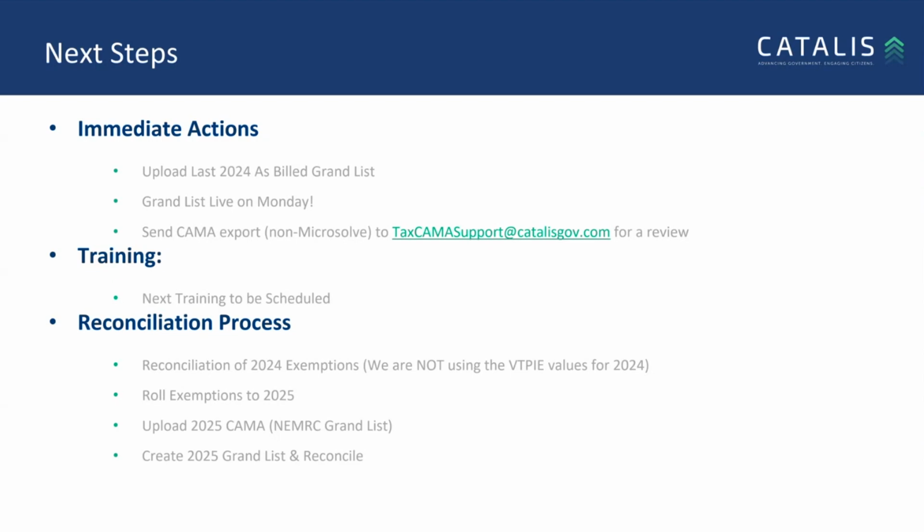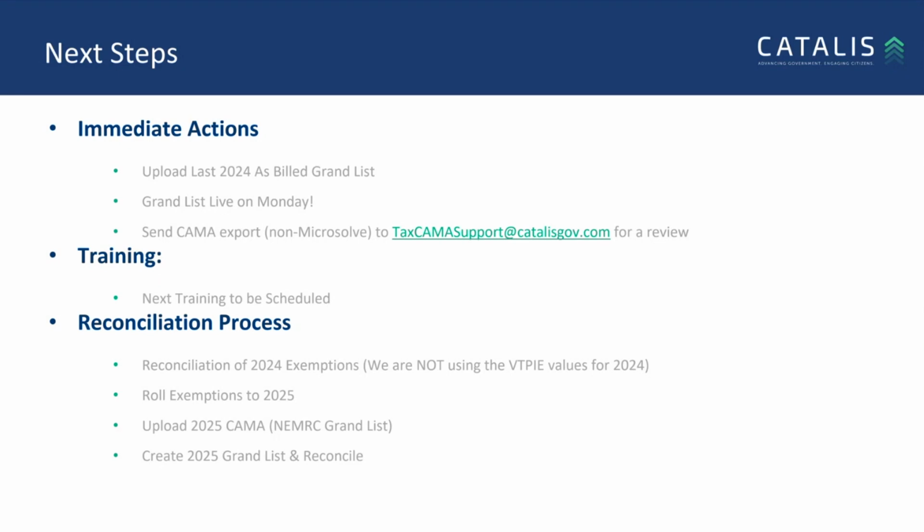Let's see. Can you demonstrate again how you get to the 411 because they're not seeing it in their VTPIE? I would just make note that this morning when I logged into VTPIE, it automatically bumped me to the year 2025. So to make sure when you start this process that you change your year to 2024. I don't know if that's happening for everyone's VTPIE, but it is.